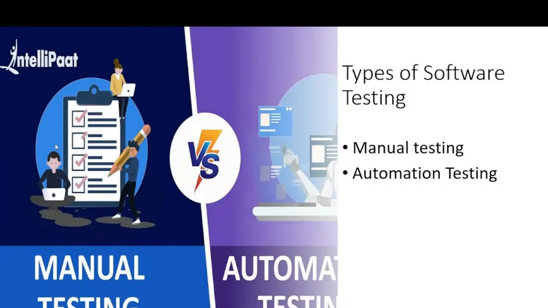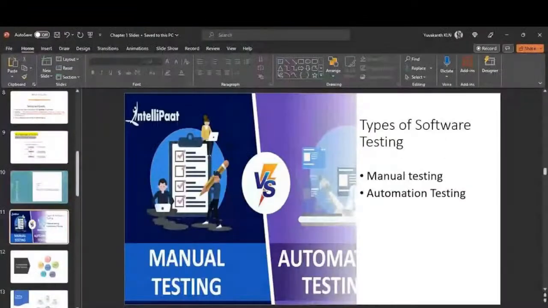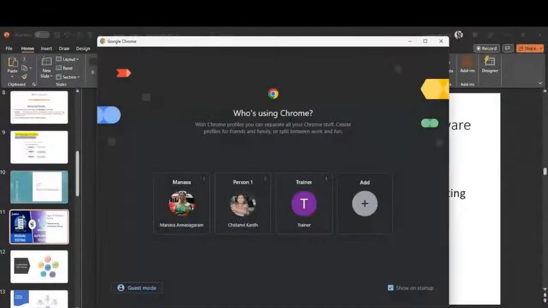So you understood what is manual testing and automation testing. In our IT project, manually you write the test cases, you write the scenarios, you do everything manually. I'll give one example: I'll take the Facebook site.